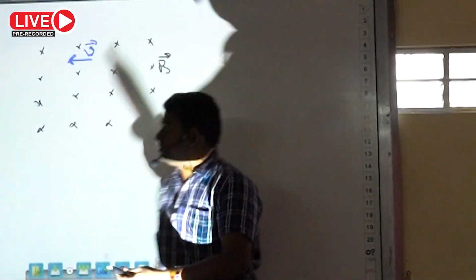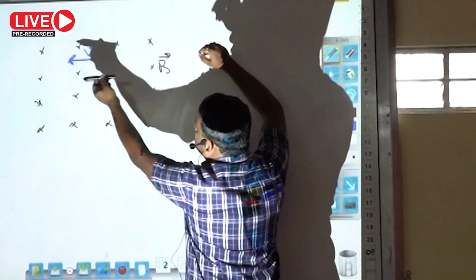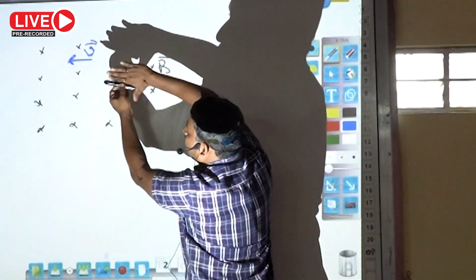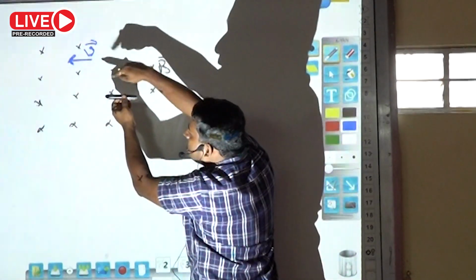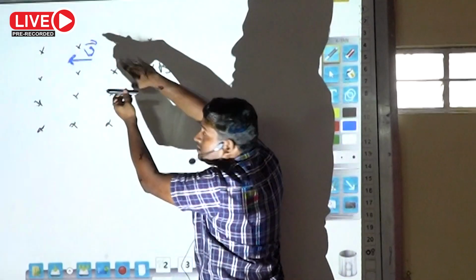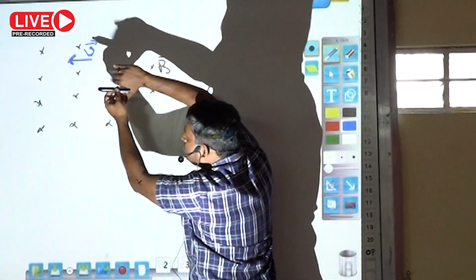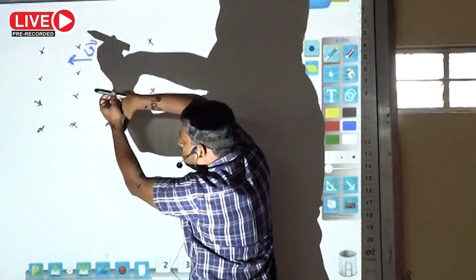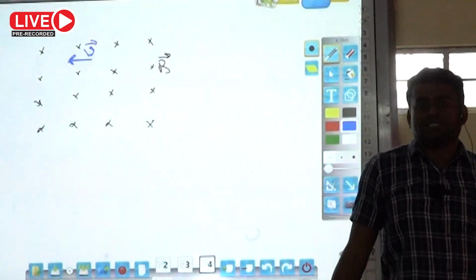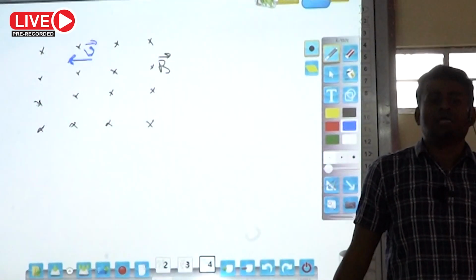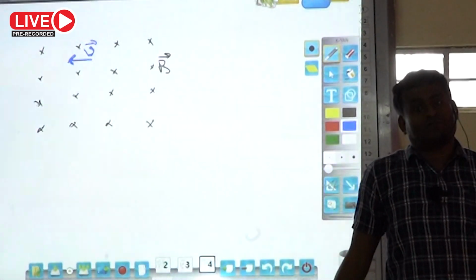Again check. I place all four fingers of my right hand along the direction of v, then B is inward, v cross B. Thumb will show downward. So the magnetic force direction on this charged particle is downward, and it's a no-work force.